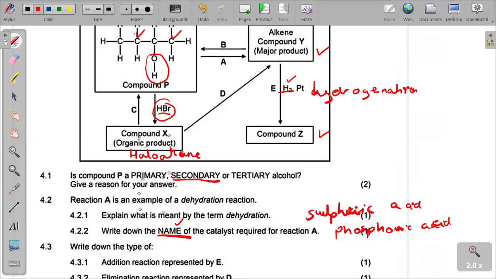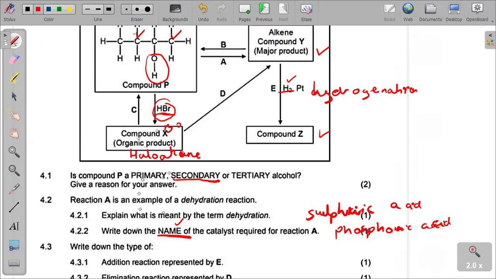So the haloalkane now has undergone a reaction to form an alkene. During the substitution reaction, the substitution that was done was with HBr, hydrogen bromide. So it means our haloalkane has a bromine atom, right? And hydrogen.